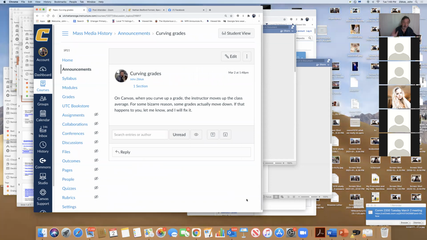Some people on the low end of the scale will get 12 or 14 points. Some people in the middle will get 7 or 8 points. Some on the higher end will get 4 or 5 points. That's just the way Canvas works. I moved up the grade for the whole class 10 points. So that's a pretty big curve.